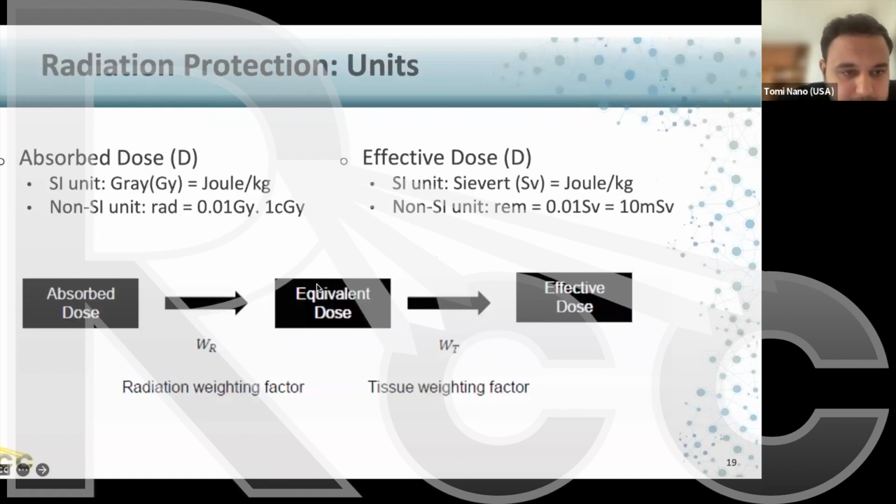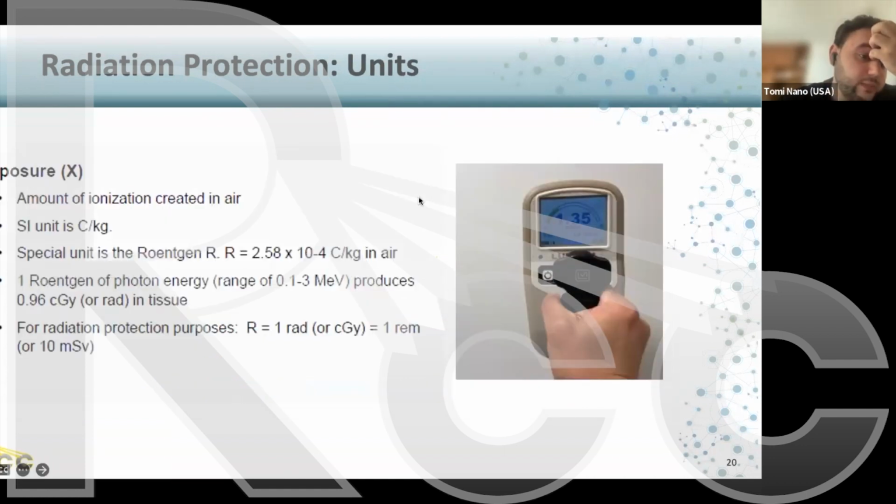Okay, let me close that. I'll go through these a little bit quickly, but in terms of radiation protection, we have to talk about units, and that we're always talking about effective dose as opposed to absorbed dose, which we see in our treatment planning system. The relationship between absorbed dose and effective dose includes the radiation weighting factor and the tissue weighting factor. But for surveys, we keep things simple.